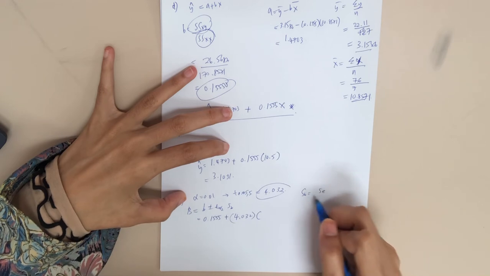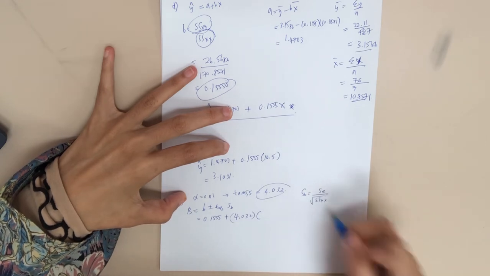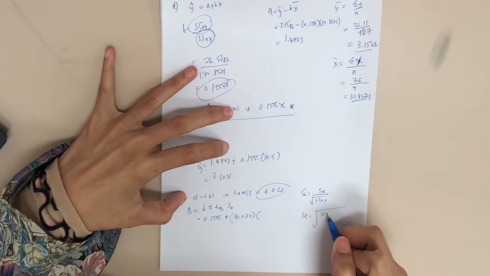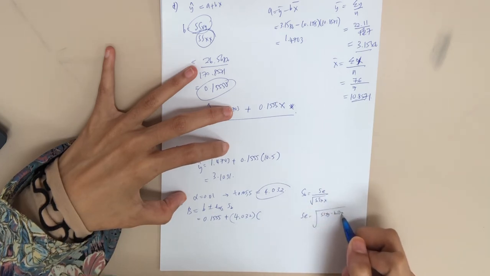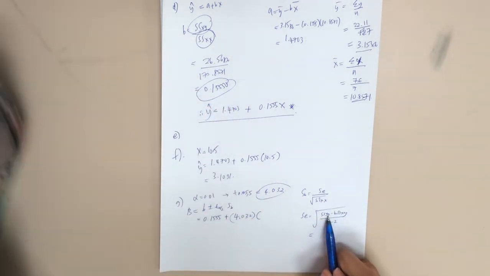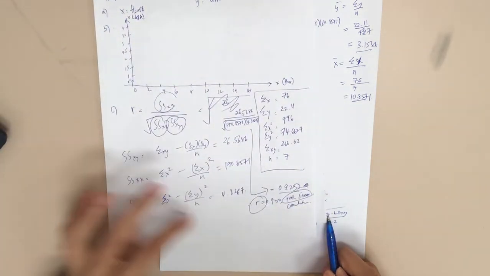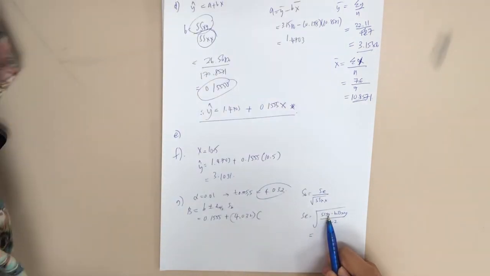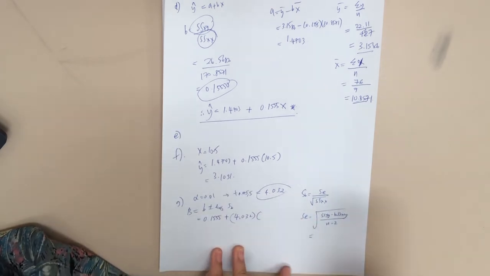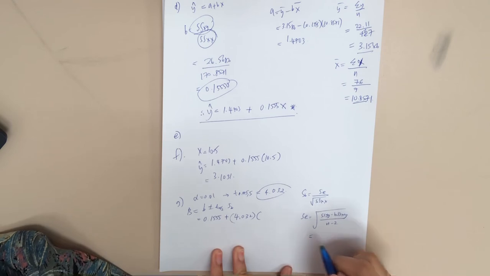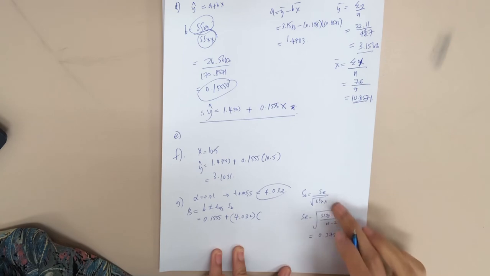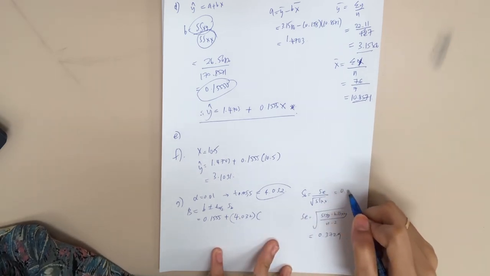SB is equal to SE over square root of SSXX, and SE is equal to the square root of SSYY minus B SSXY over N minus 2. So you just substitute. We already calculated SS just now. So I just write down the SE first. SE you should get is 0.3729, and SB you are supposed to get 0.0285.